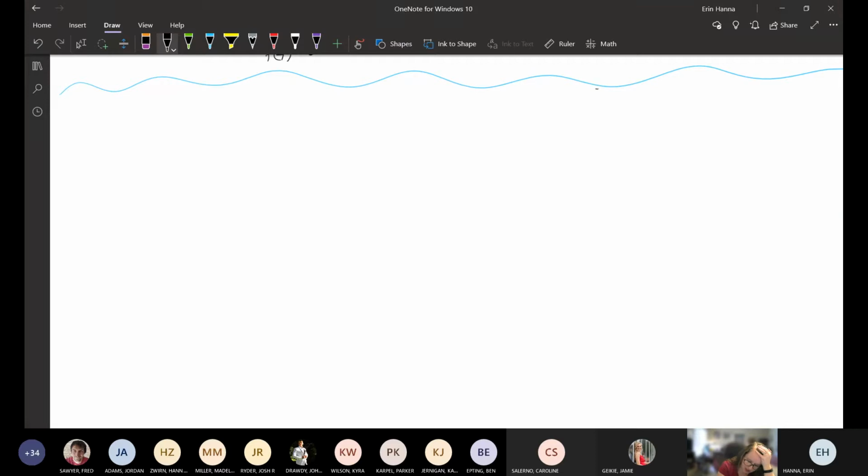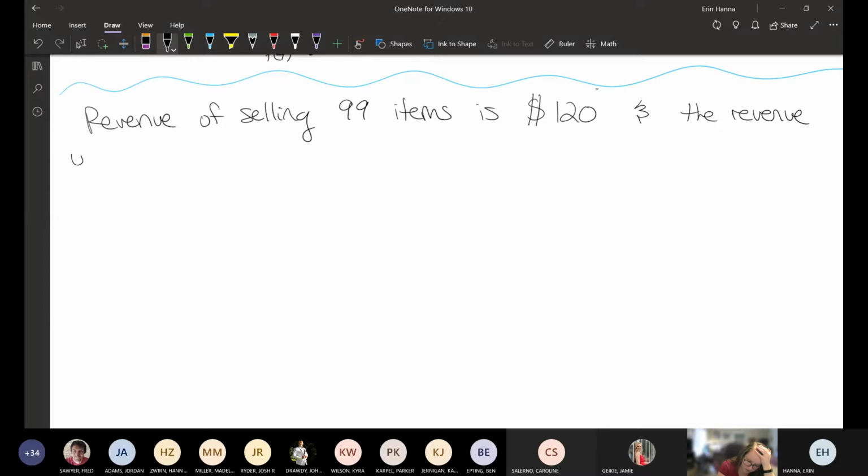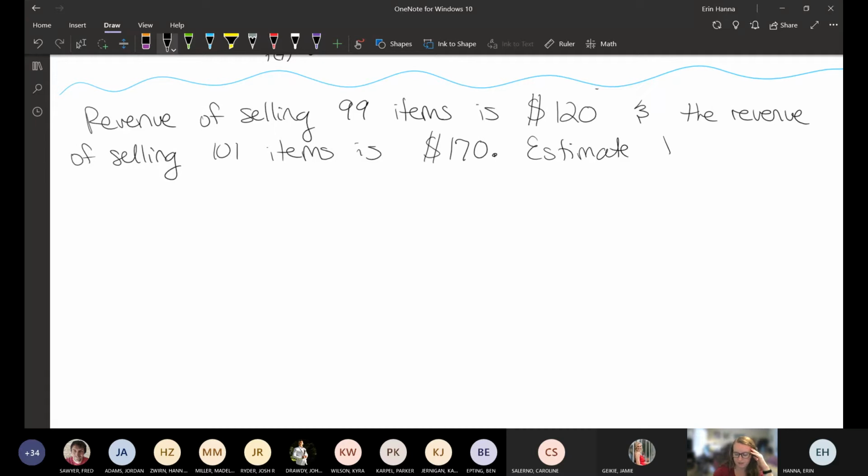We say we have the revenue of selling 99 items is, I don't care, 120, and the revenue of selling 101 items is, I don't know, 170. Estimate the marginal revenue at 100.